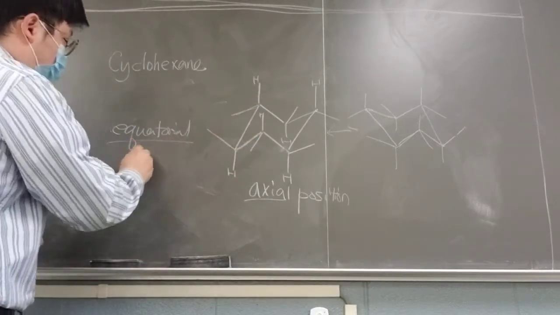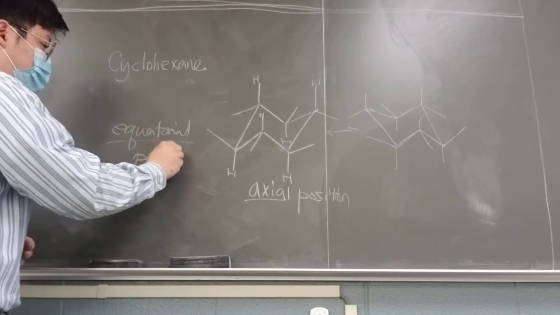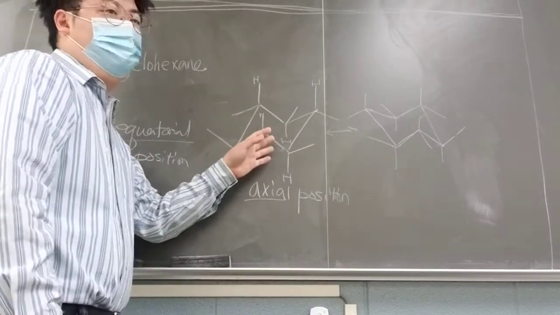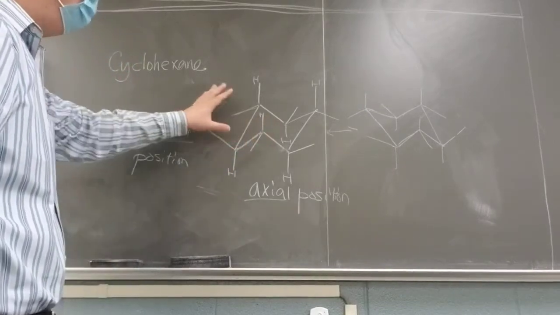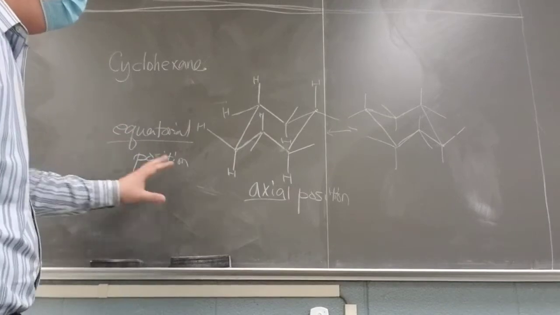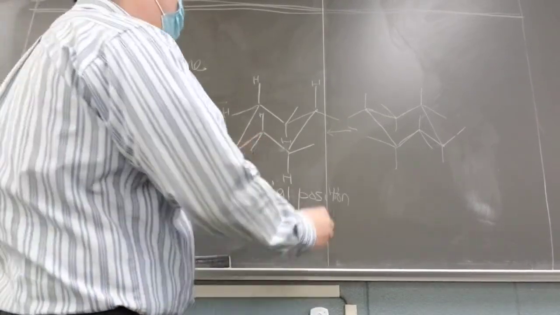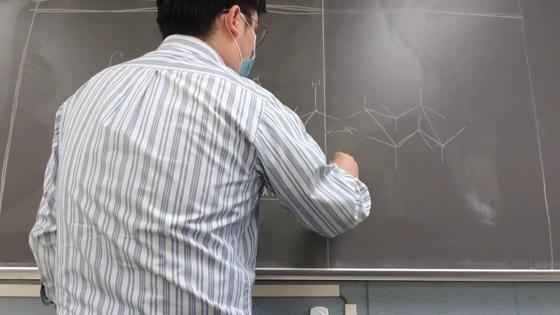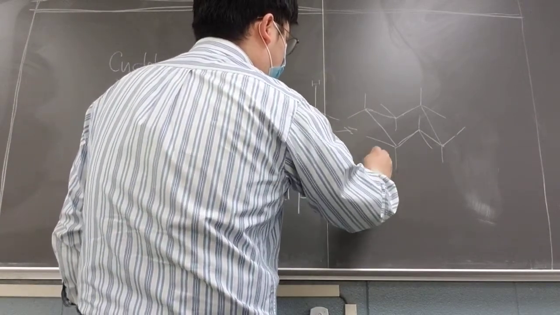We call this equatorial position. So this is how we can draw the chair conformation of the cyclohexane. Also, you can fill those with the hydrogens, the equatorial positions and axial positions on these two possible chair conformations caused by ring flip.